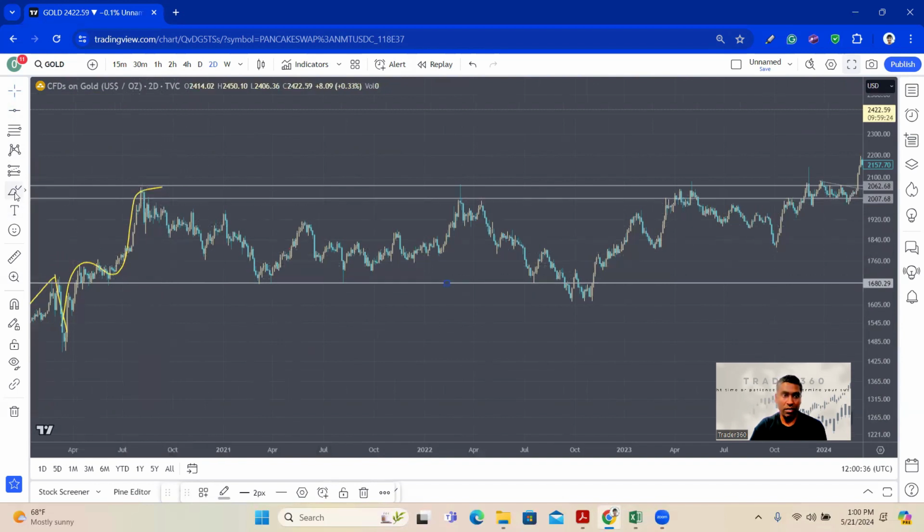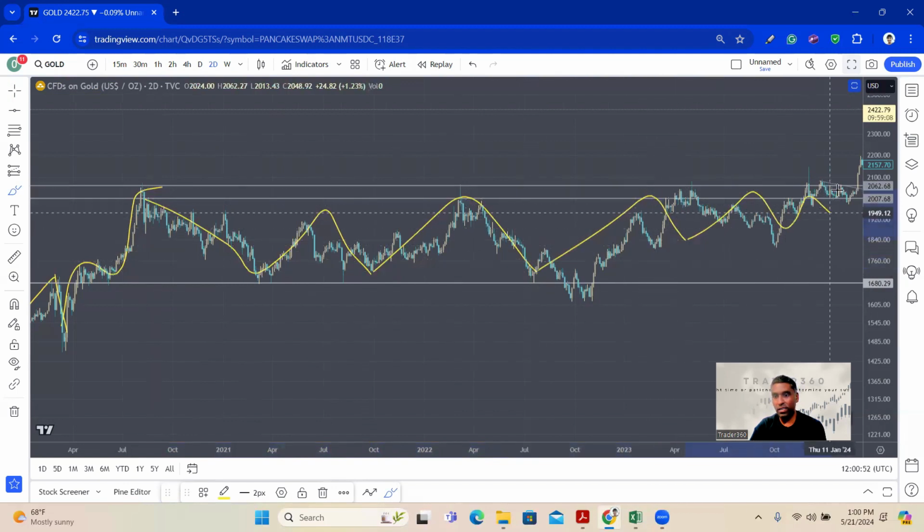It's August 2020, and here it's February 2024. So for almost 4 years, the price did not move anywhere but in between these levels.